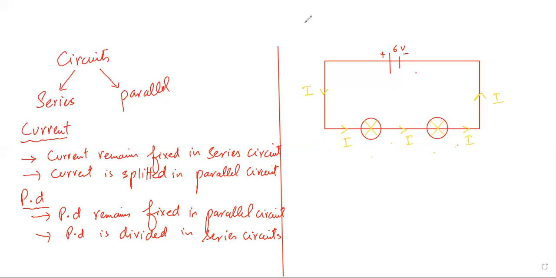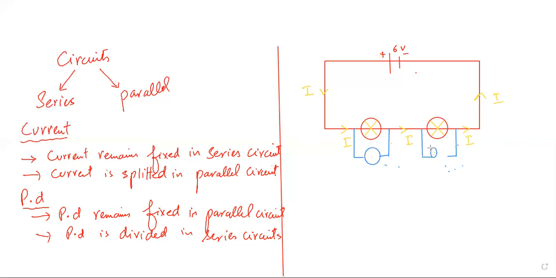But when we talk about the PD across this bulb and across this bulb, these are two identical ones, right? They will be getting an equal amount of voltage. If one bulb is bigger, it may be getting a larger amount of voltage, right?